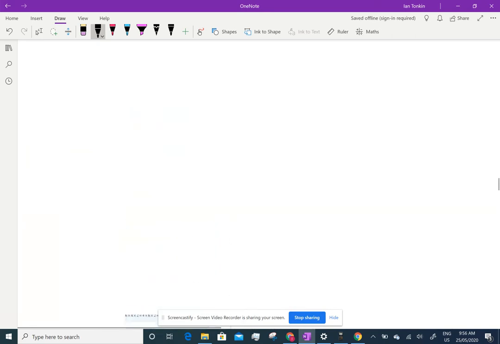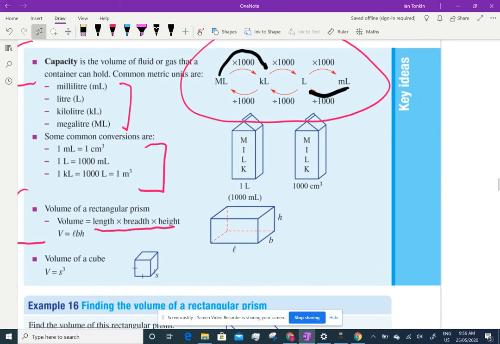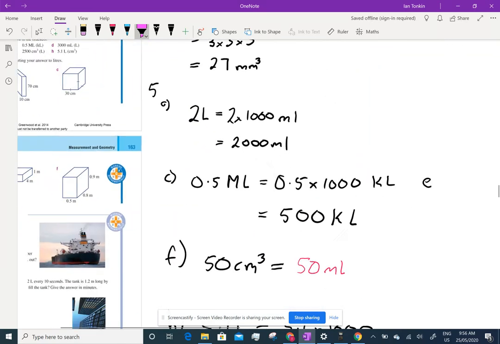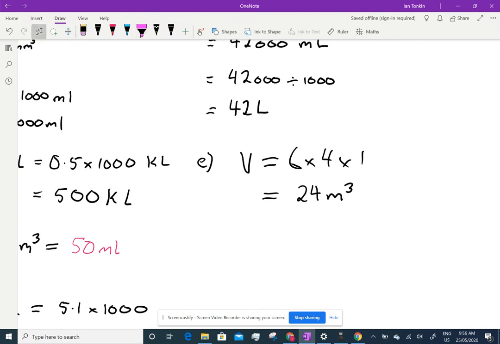Now, I'm lucky because back here, 1 metre cubed is 1,000 litres. So if I go back, we've got this. So I'm going to have to times by 1,000. So 24 times by 1,000. And that's going to be in litres. That's just 24,000 litres. And I'm just checking to make sure I'm right, and I am.